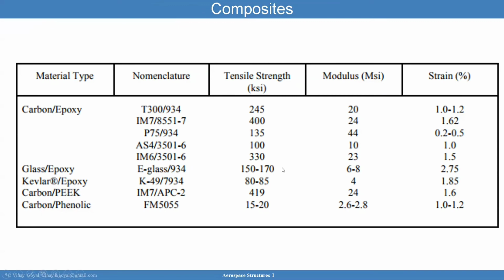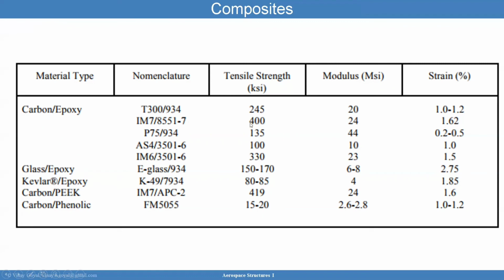Here, what I'm showing you for different carbon epoxies is the tensile strength, modulus, and strain to failure. It's similar information to what I showed before, but now for glass epoxy, Kevlar epoxy, carbon PEEK, and carbon phenolics. For the carbon epoxy nomenclature, you're going to have a bunch of different materials, like T300, IM7, AS4, IM6, and that kind of thing.